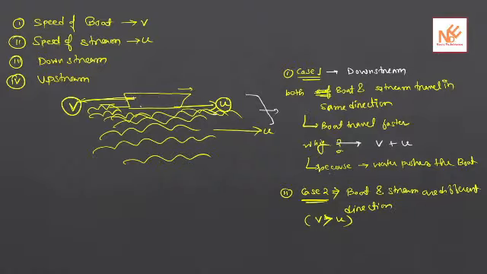If the boat travels in the direction it wants to, then the speed, or energy, of the boat is more than the energy of water. That's why the speed of the boat is greater than the speed of the stream, v is greater than u.